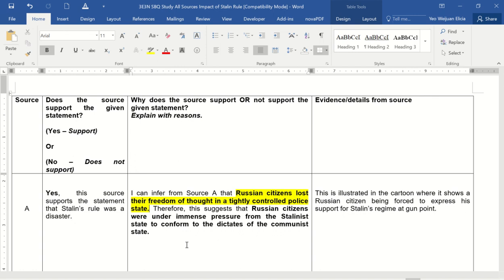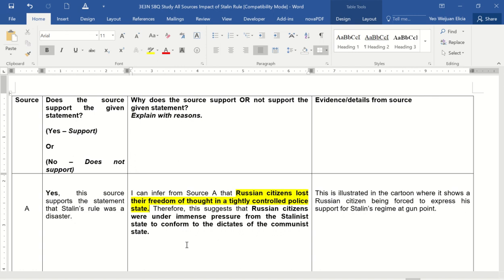Okay, so for those of you who just joined us, we are looking at study all sources, a source-based skill. So we have to look at the statement that is given. You look at the first page, the statement is: Stalin's rule in Russia was a disaster. How far do these sources support this view?